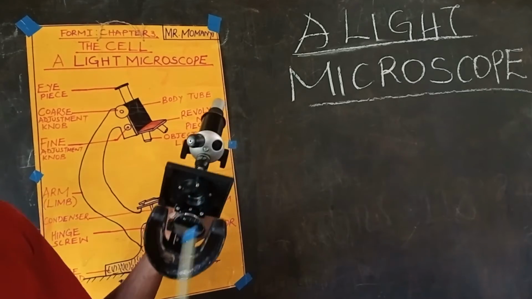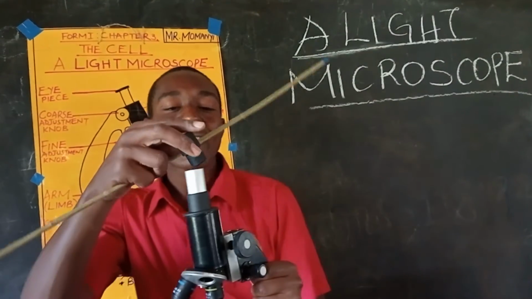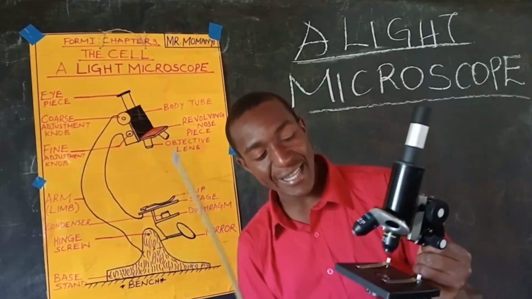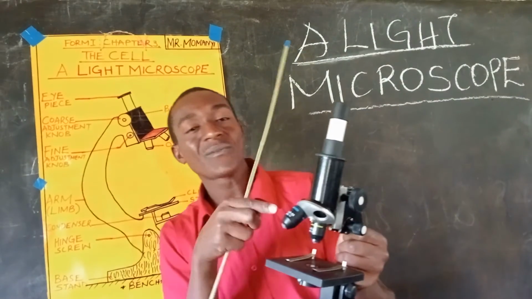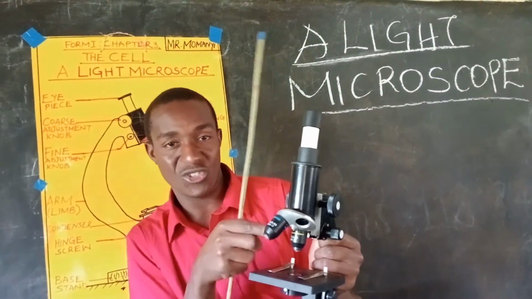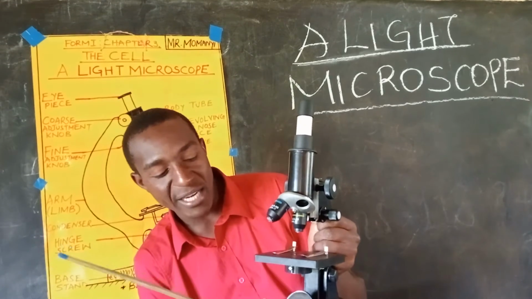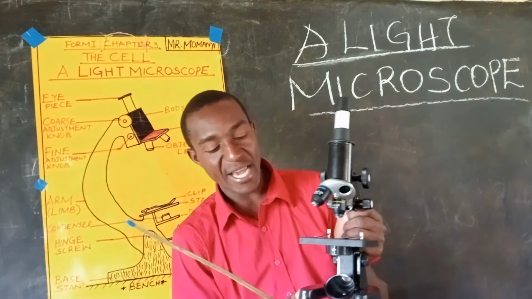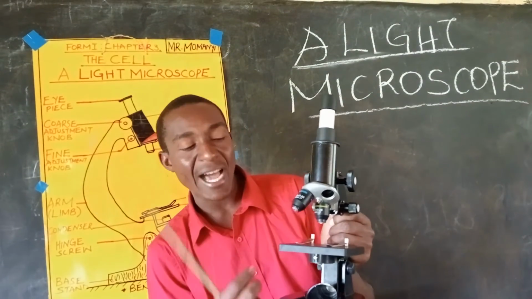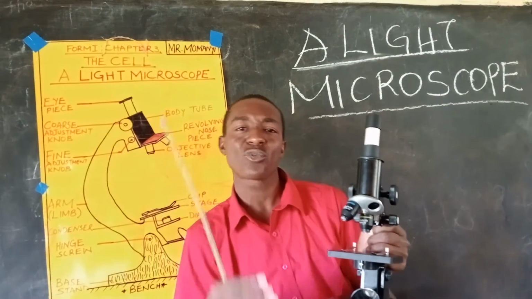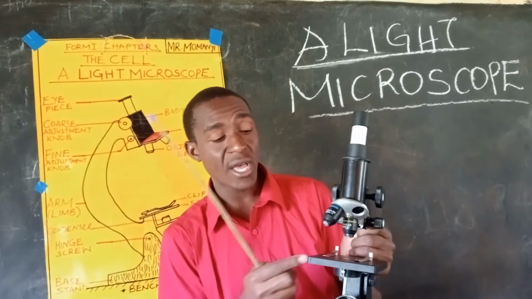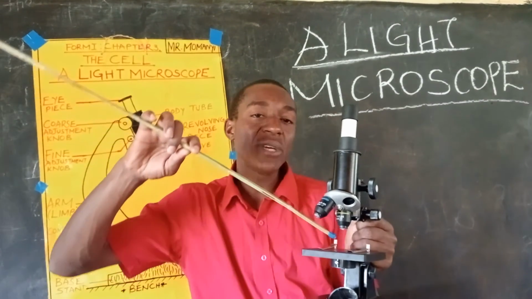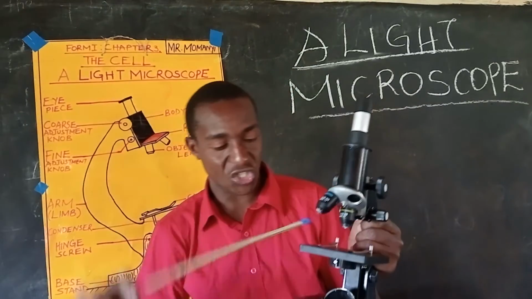It is an opening or aperture that regulates the amount of light that goes through onto the stage. The light is reflected to the microscope by the mirror, so that light has to be regulated so that it doesn't become too much or too little. So it regulates the amount of light that passes to illuminate the specimen on the stage.